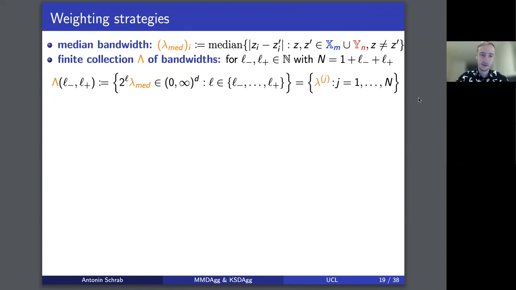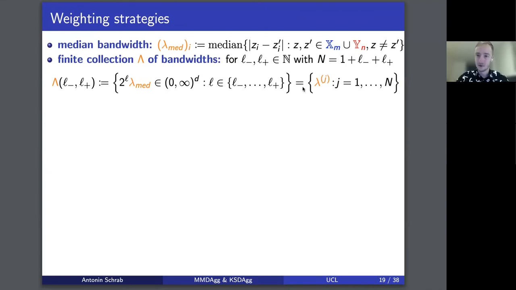And we consider in our experiment some finite collection lambda of bandwidth. Those are just the median bandwidth scaled by some powers of 2, where L minus is smaller than L plus, and those can be either negative or positive or 0.